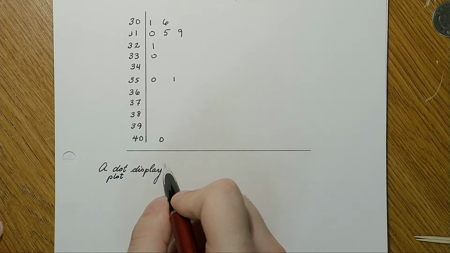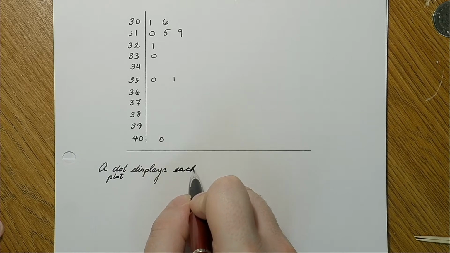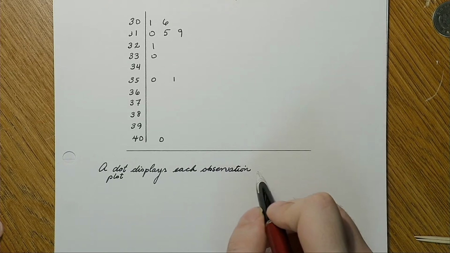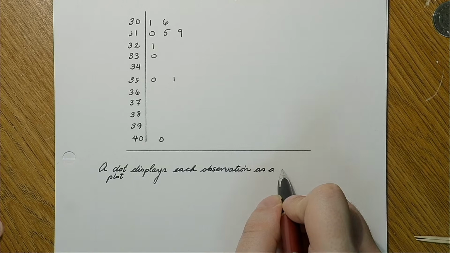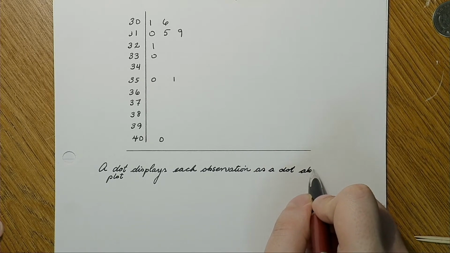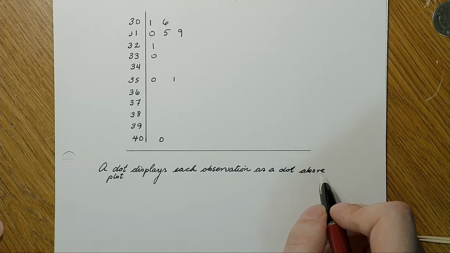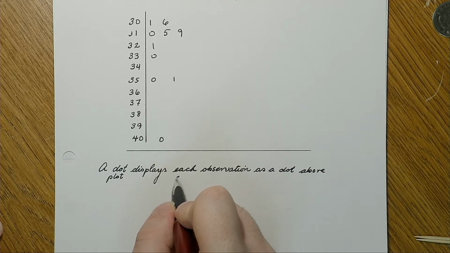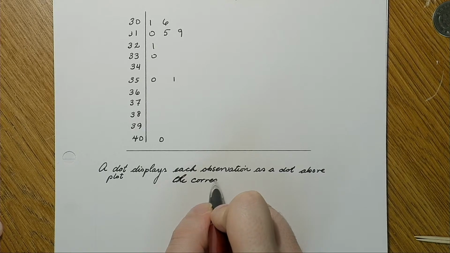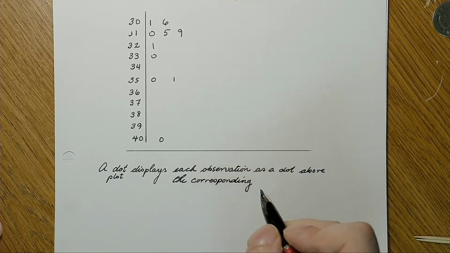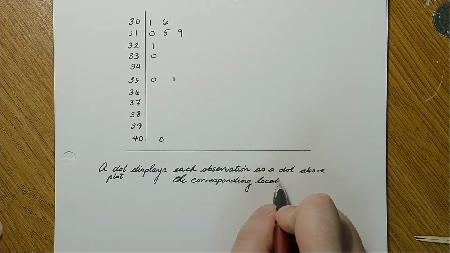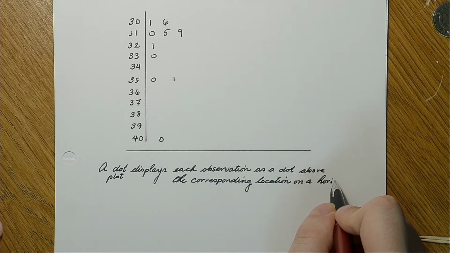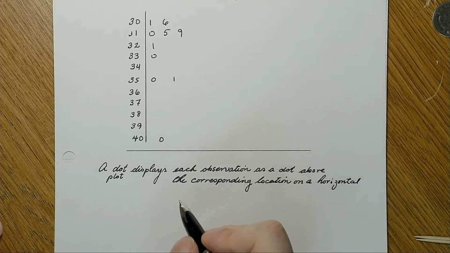A dot plot displays each observation as a dot above the corresponding location on a horizontal measurement scale.